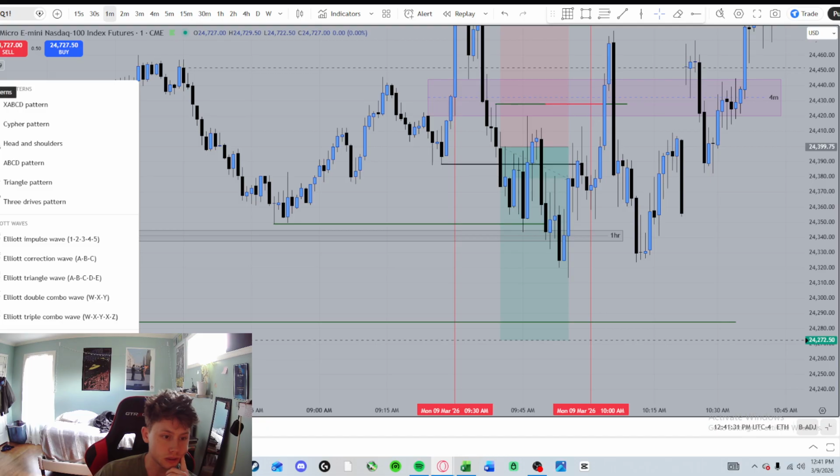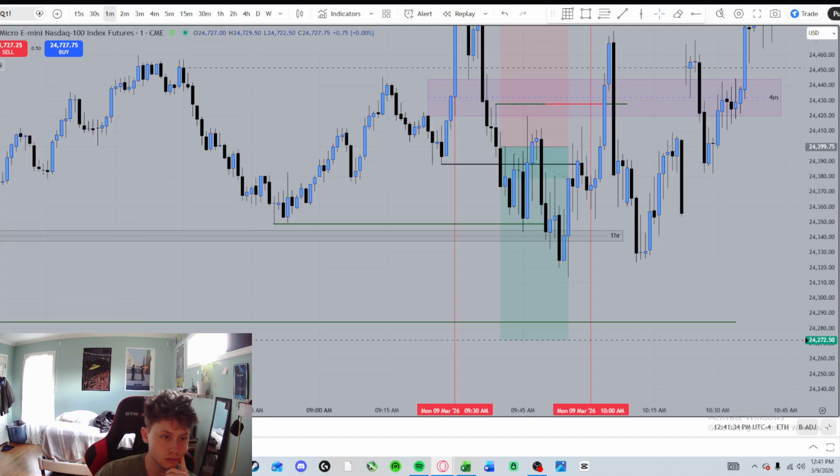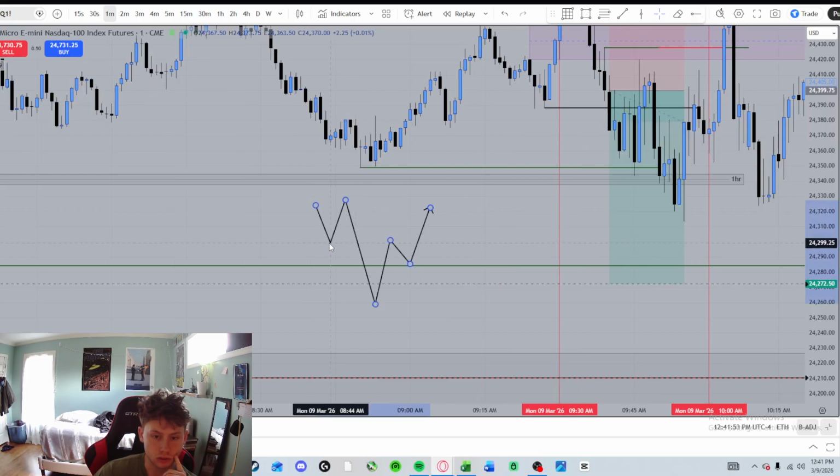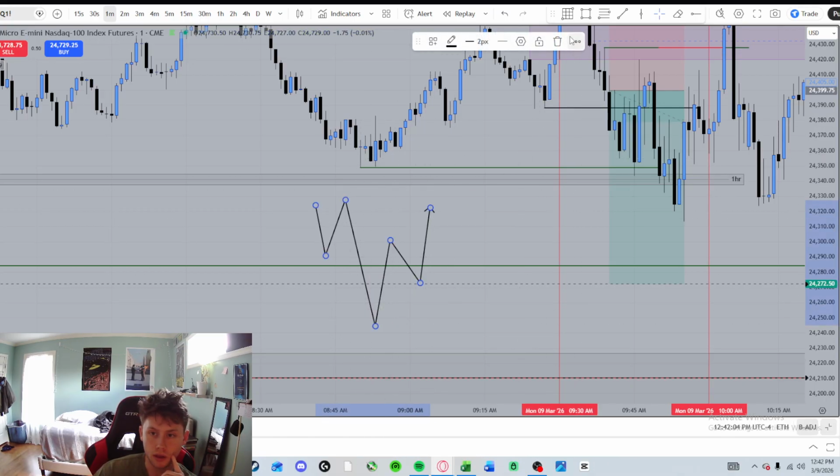I've got to find it really quick. Path, we'll do that. So that's a short-term low, another short-term low, followed by a short-term low on the left, short-term low on the right, short-term low in the middle. So this would be an intermediate term low here. That's what you're looking for.